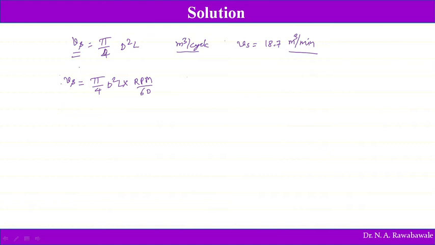Now this becomes meter cube per minute, because this is meter cube per cycle and cycles per minute. Cycle gets cancelled, meter cube per minute. So Vs value is 18.7, which is equal to pi by 4 d square L into RPM.